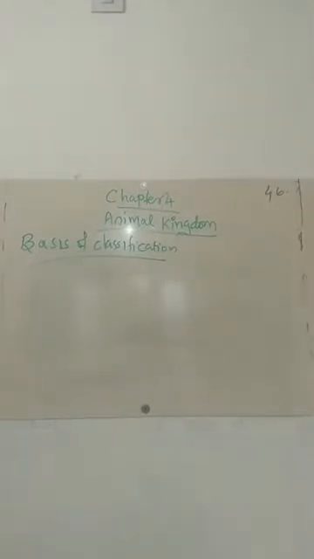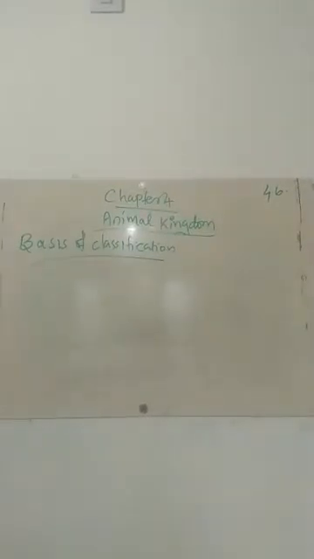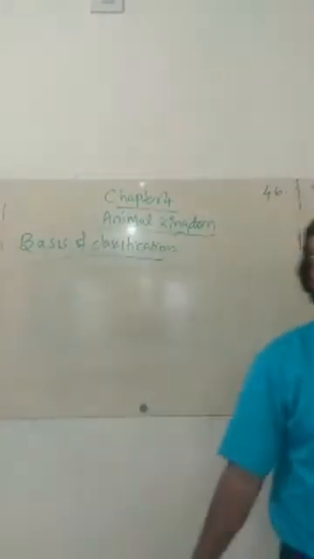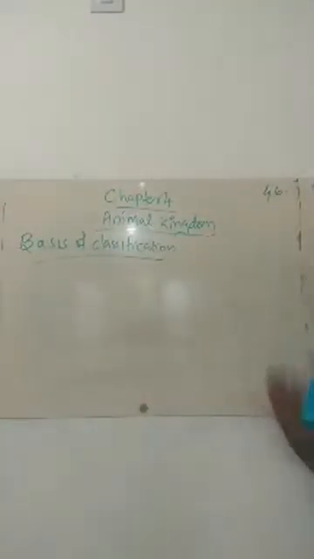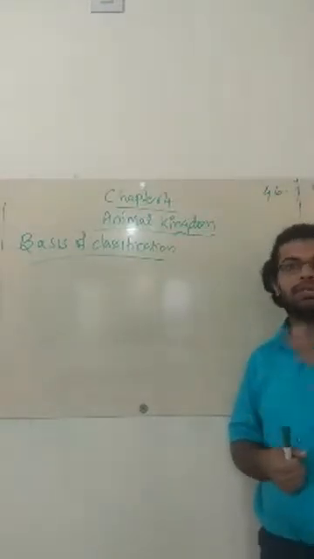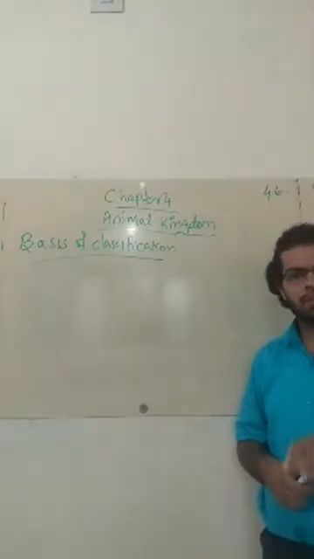Okay, basis of classification. Your textbook says that in spite of differences in structures and form of different animals, there are fundamental features common to various individuals in relation to the arrangement of cells, body symmetry, nature of coelom, and patterns of digestive, circulatory or reproductive system.